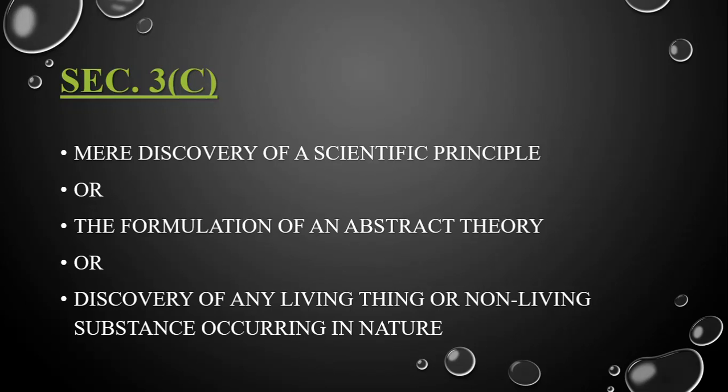You are just happening to unfold it after a long period of time. That's it. So that is also not practicable. So here, any naturally occurring microorganisms will also fall under the third part of the clause, meaning that naturally occurring microorganisms cannot be patented. That's Section 3 Clause C.